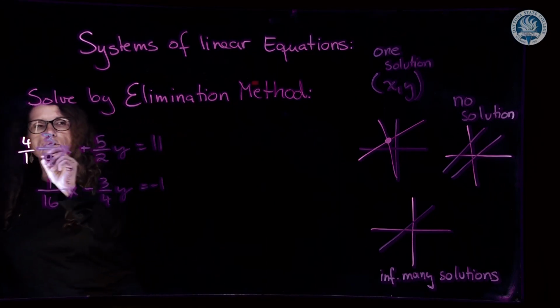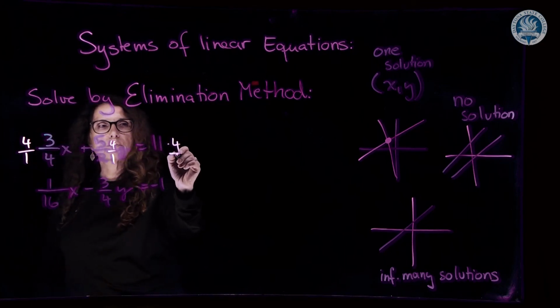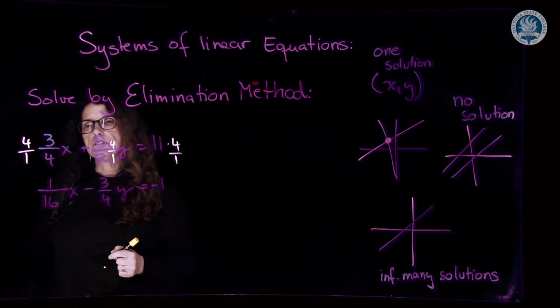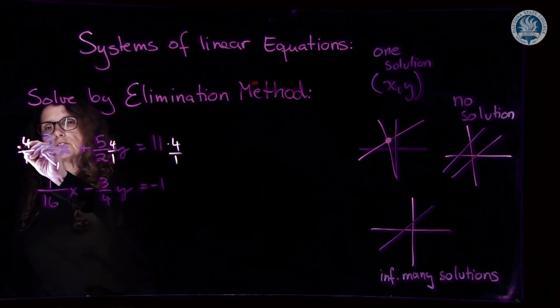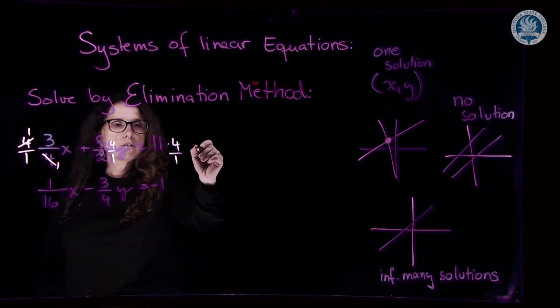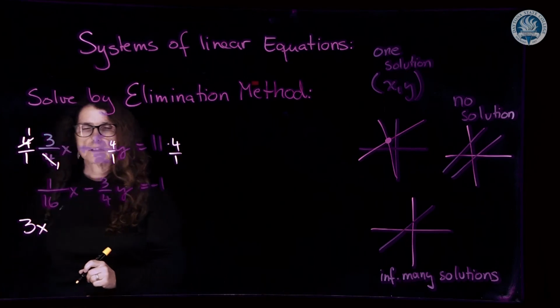I'm going to write 4 over 1 so you know how to reduce this the proper way. Why do we do this? To clear the denominator. 4 goes into 4 one times, which leaves me with 3x.